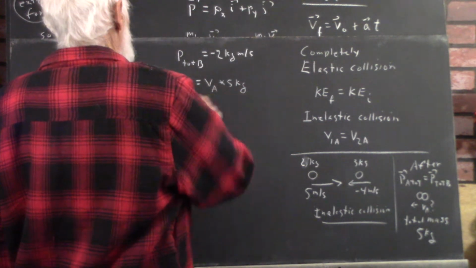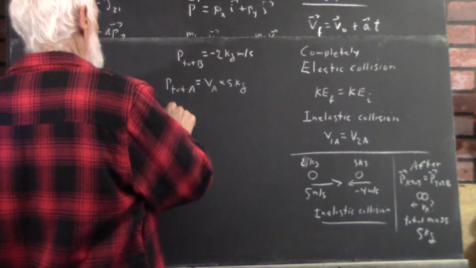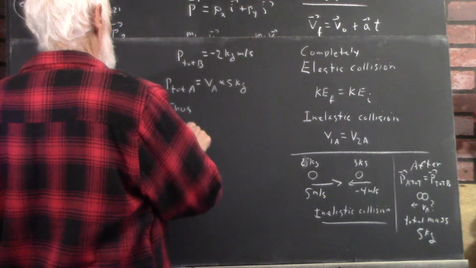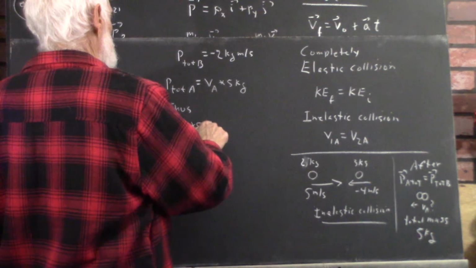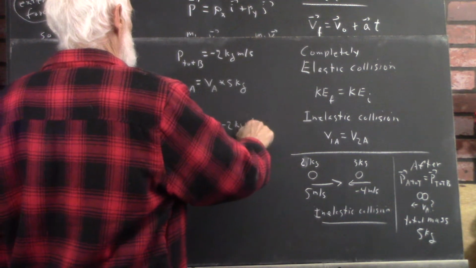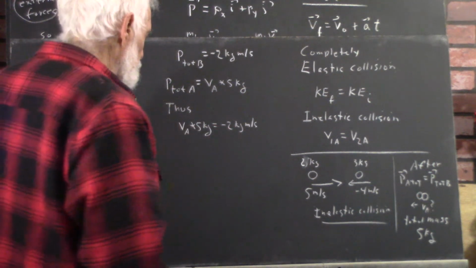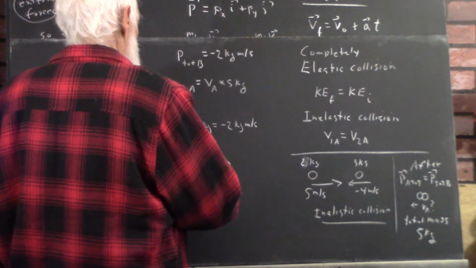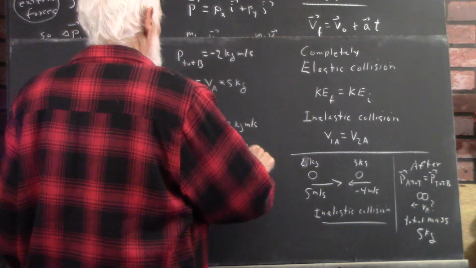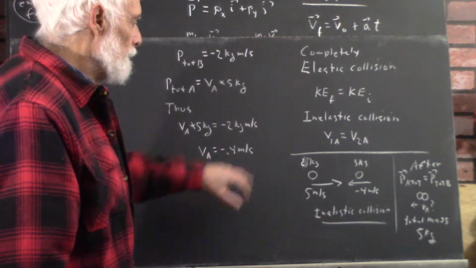Total mass times velocity after. So velocity after times 5 kilograms is -2 kilogram meters per second. Divide by the 5 kilograms, you're left with -0.4 meters per second.